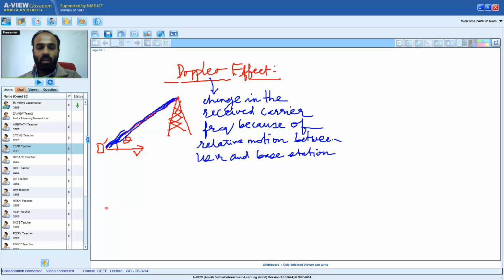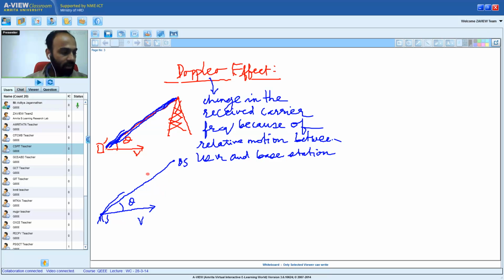Let me redraw this again. So let's say this is a mobile station, this is a base station, and the user is moving with velocity v, but the angle between the signal propagation and the velocity is theta.